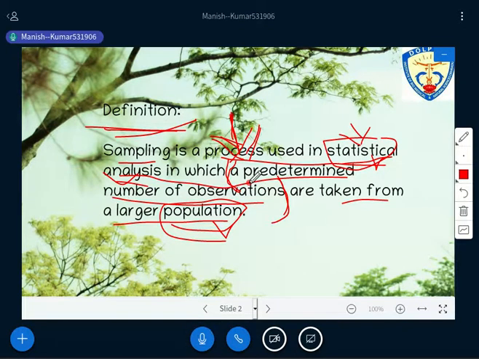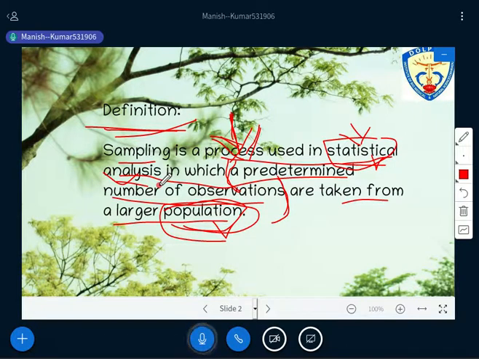It means you have already set your objective, how many observations you have to take, right? So that is called a sample. So this predetermined number of observations are the sample, and from where will you get these samples? From the population itself.